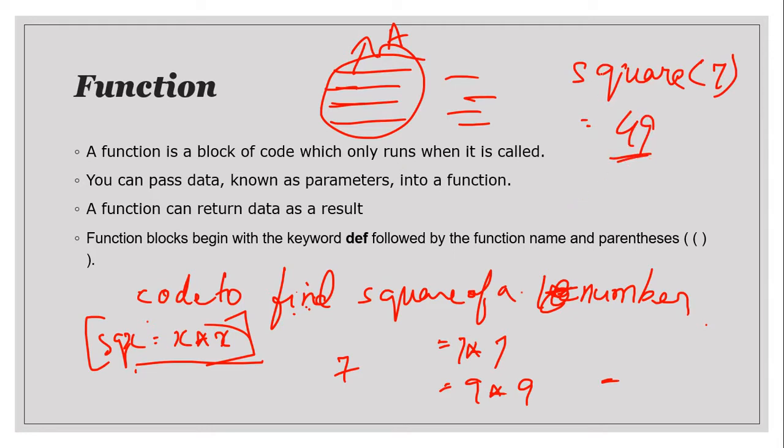It's easy. I don't have to do 7 into 7 every time. Or if I want to find any more complicated block of code, I also don't have to do it every time. So that is the power of function. Basically it helps in reusability of code.